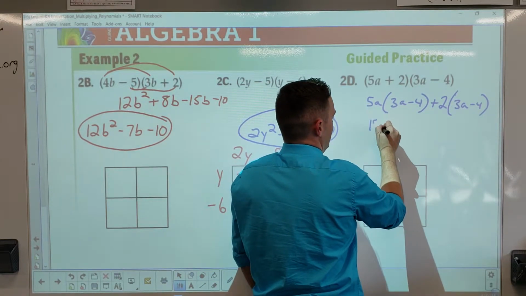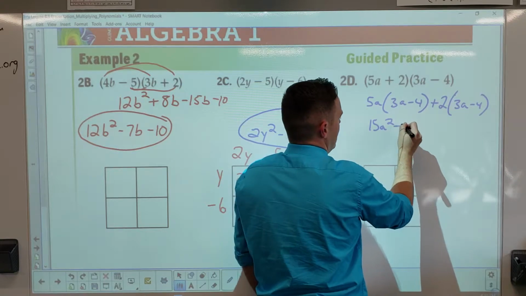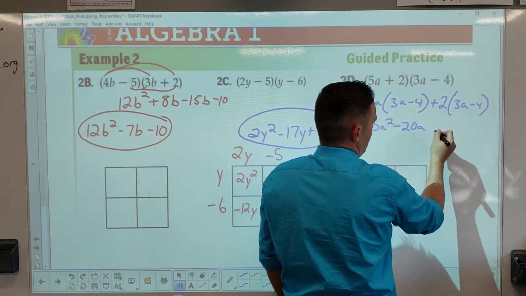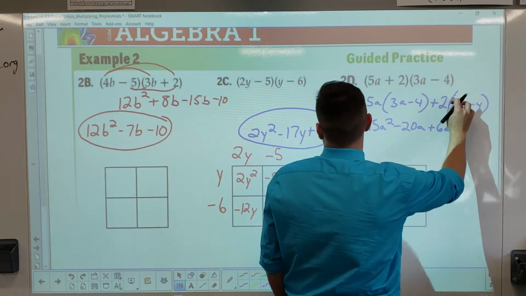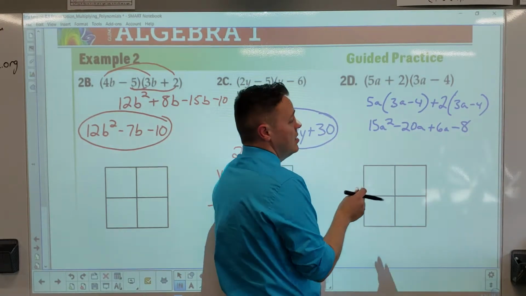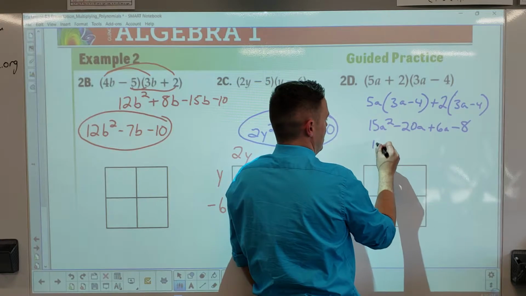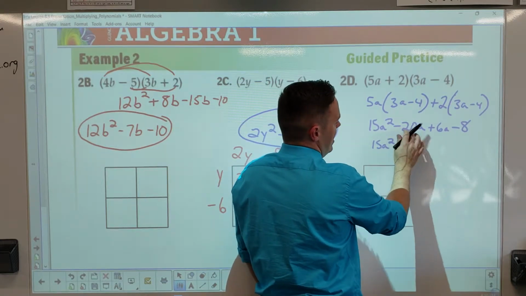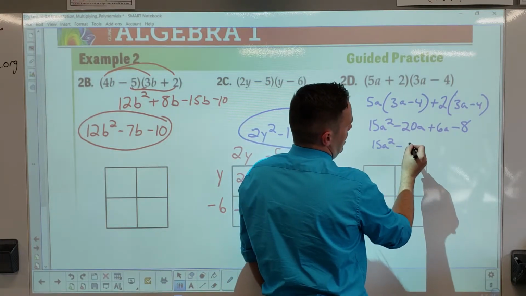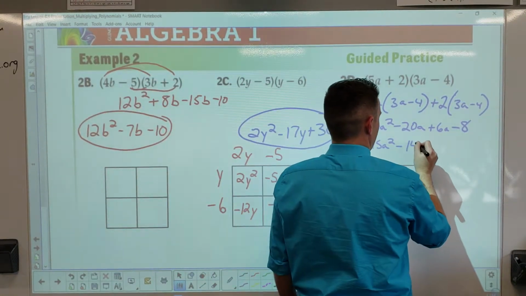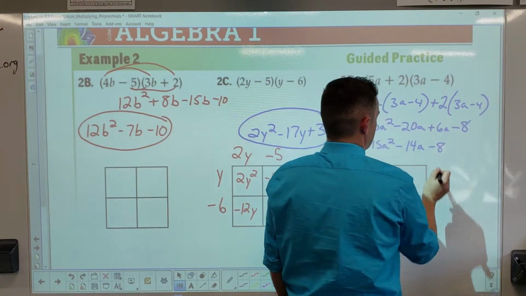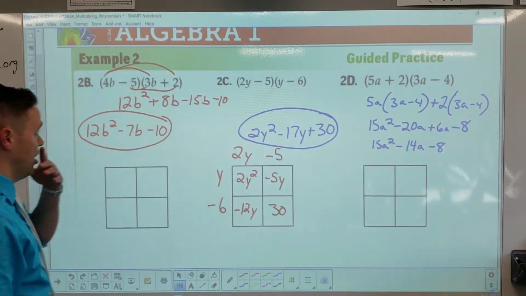So this would be 15a squared minus 20a plus 6a minus 8. Okay, you guys see the distribution that I've done in there. Combine the like terms: 15a squared, and this is going to be minus 14a, minus 8.